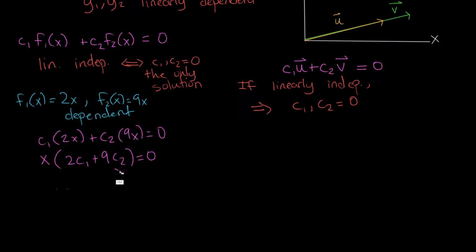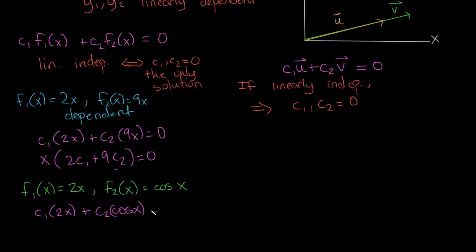But what if we had instead two functions that were more like f1 of x? Let's keep it simple. f1 of x is the same, it is 2x. But f2 of x is now going to equal the cosine of x. All right, now if we write this out, what we get is c1 times 2x plus c2 times the cosine of x equals 0.